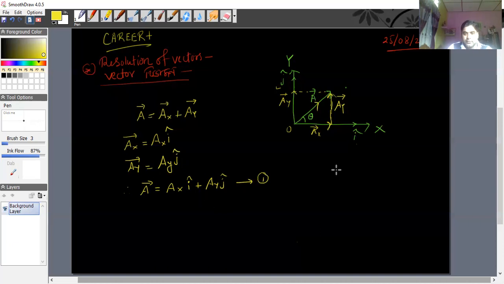Again, from the figure, we can write cos theta is equal to AX by A. So AX is equal to A cos theta, or sin theta is equal to AY by A, so AY is equal to A sin theta.